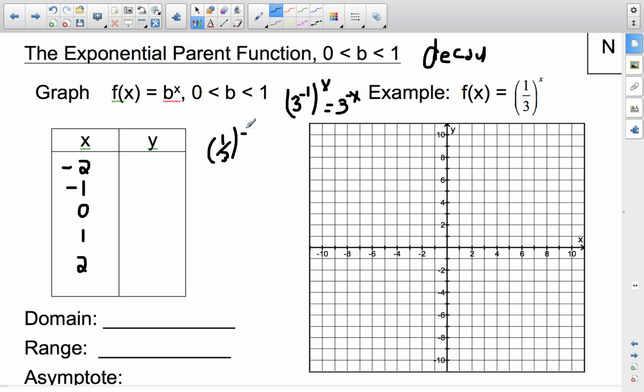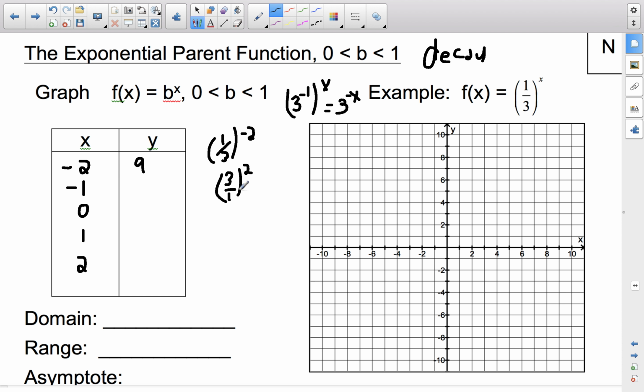You have to remember a negative power, to get rid of it, means to take the reciprocal. So you can rewrite this as 3/1 squared. A negative power, take the reciprocal. So it's basically 3 squared, so 3 squared is 9.